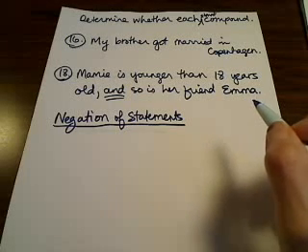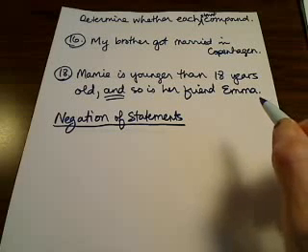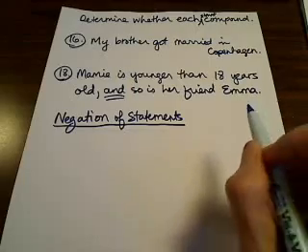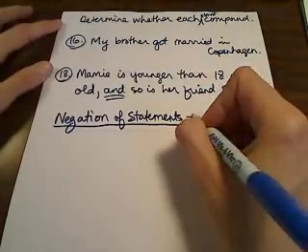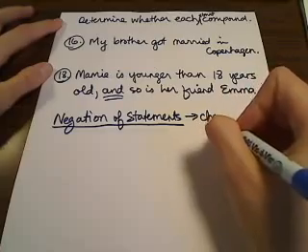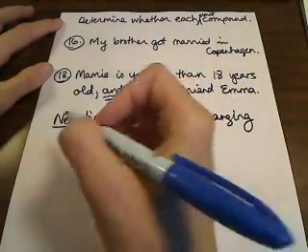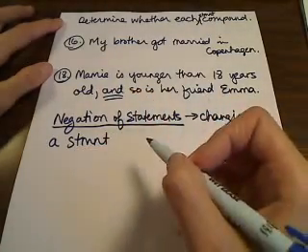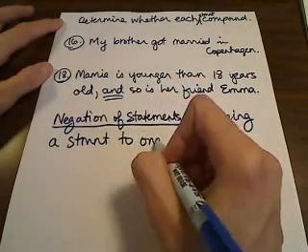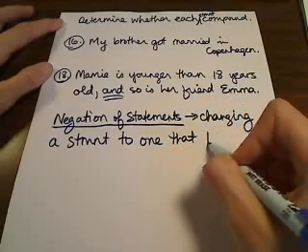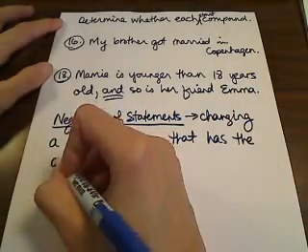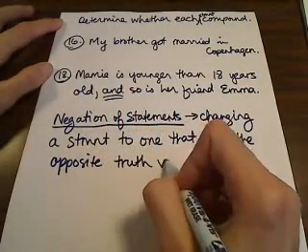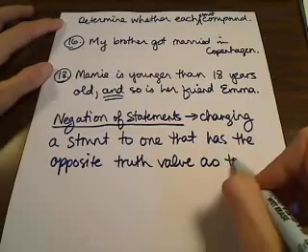But if you're dealing with a quantifier, a word that is all-inclusive, it's not necessarily that easy. Okay, so let's write this out first. What you're doing when you're negating is you're changing a statement to one that has the opposite truth value as the original statement.